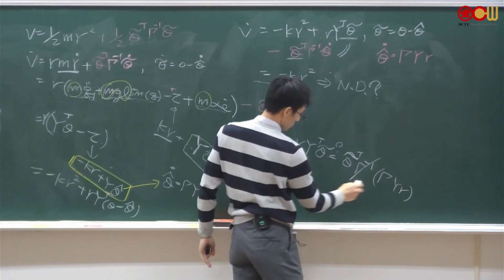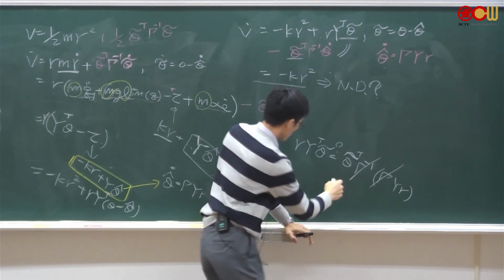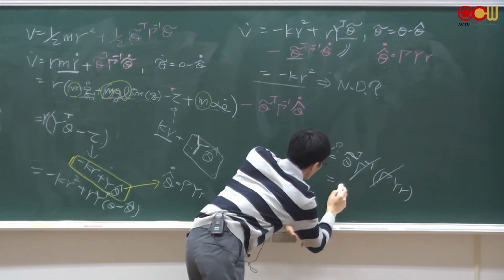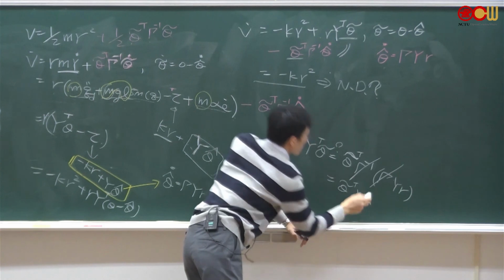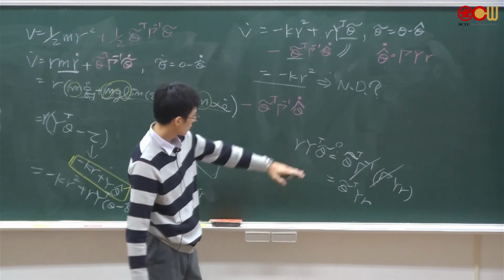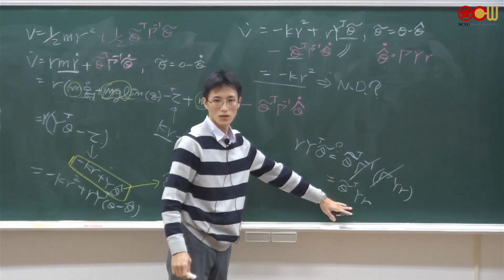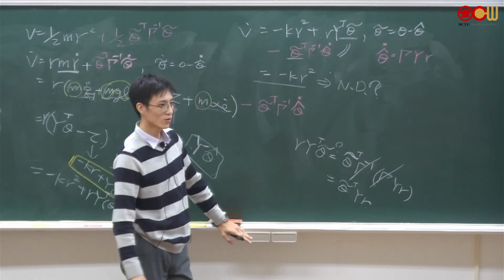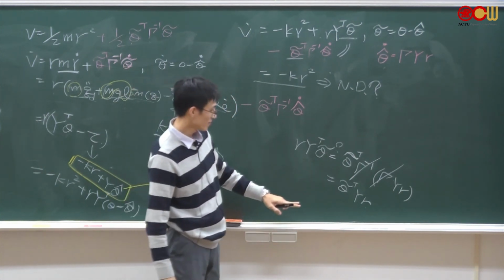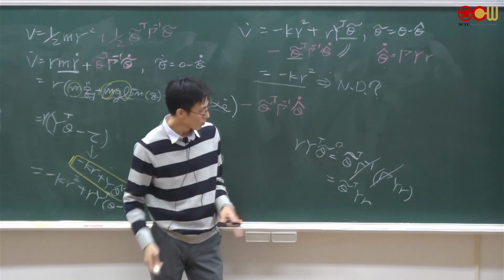And this cancels out. Are they equal, this and this? 有一样吗？好像没有，对不对？ Maybe I should ask you one more question.